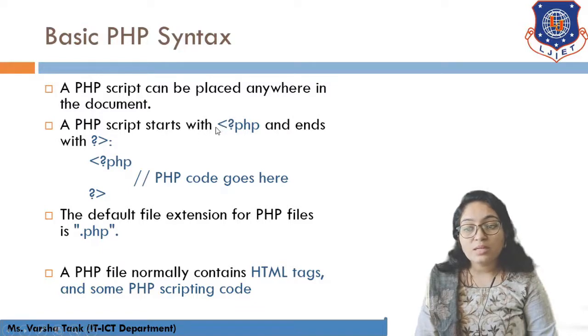So the less than sign, question mark and php is the start of the PHP script, and the question mark and greater than sign is the ending mark. In this basic example, the PHP code goes here. That means this is the start and this is the end. In between, you can write the PHP code, the PHP script.